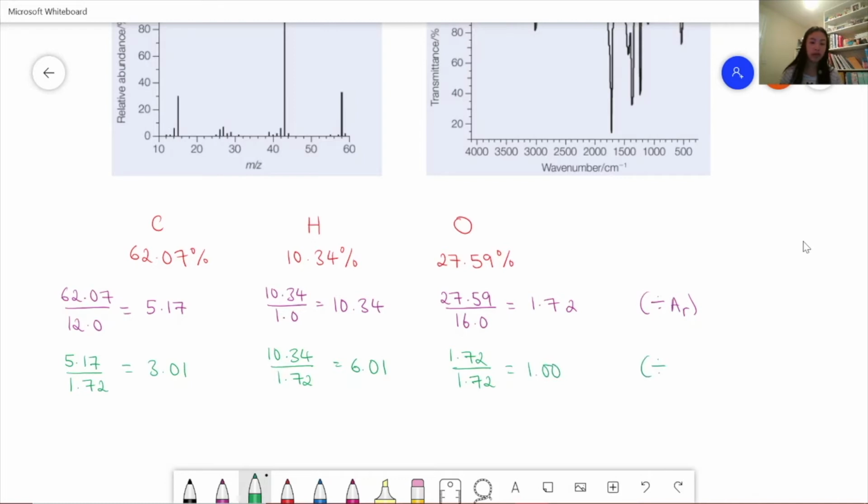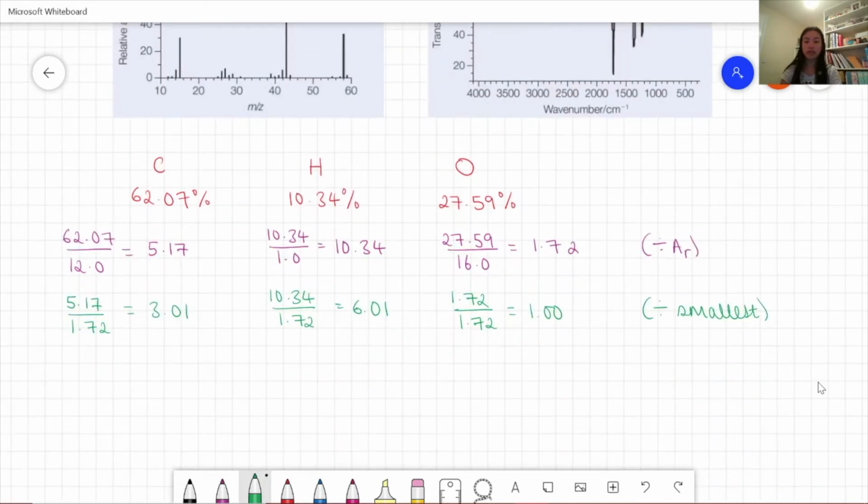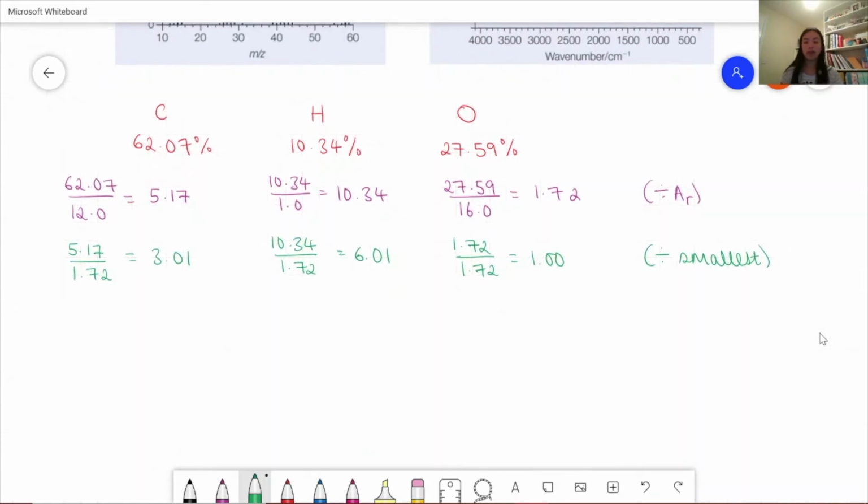And so here we've divided by the smallest. And so now we have our ratio for this compound of the different elements in this compound. So we have that the ratio is equal to 3 to 6 to 1.